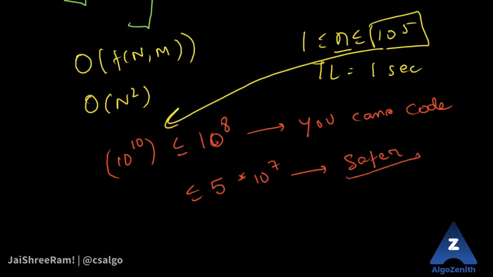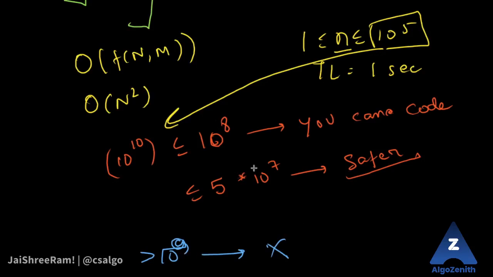But if after putting in the value you get something greater than or equal to 10 to the power 9, it will mostly not pass. One second can handle something of the order of 10 to the power 9 instructions, but in most cases you cannot pass.